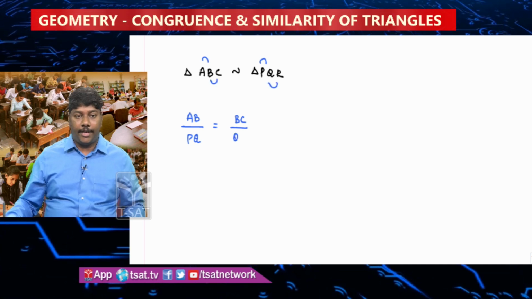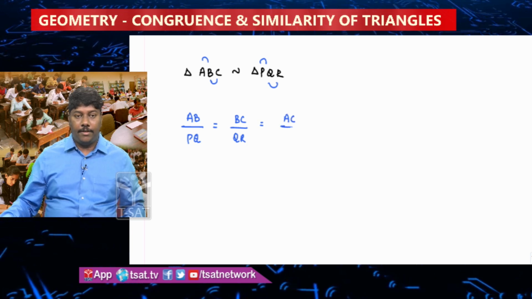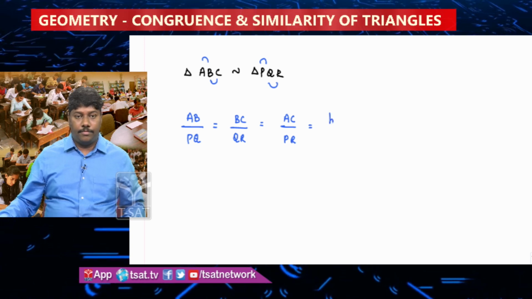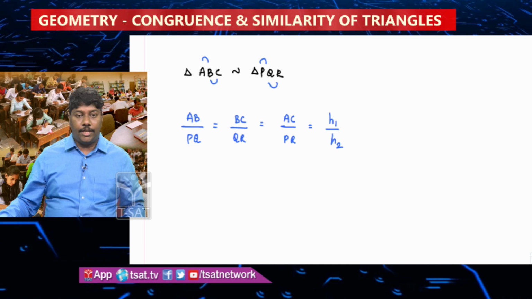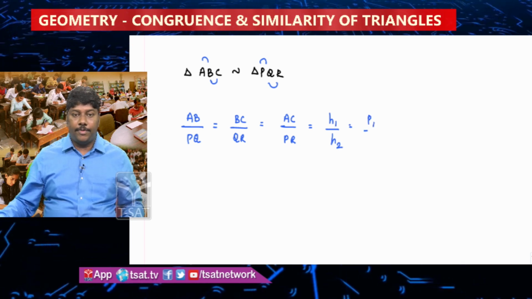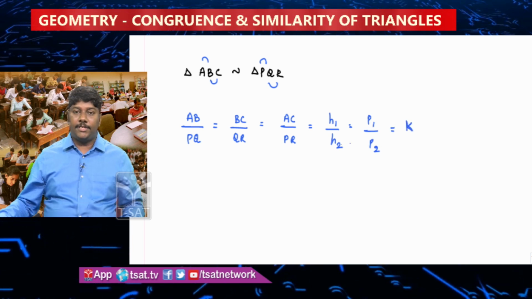Corresponding sides only you should take. AC by PR, which is equal to their heights, H1 of the first triangle, H2 of the second triangle. Their perimeter ratio should also be equal. All these ratios are equal to K, which means they are the same.